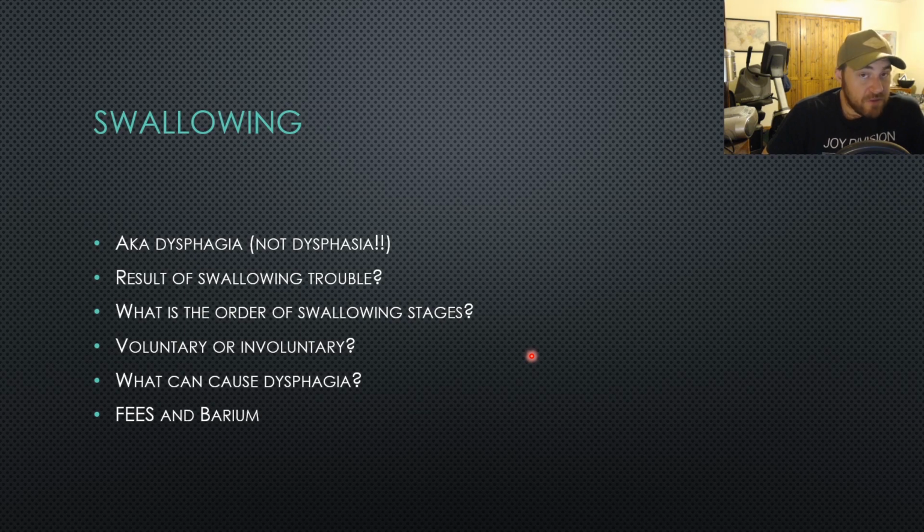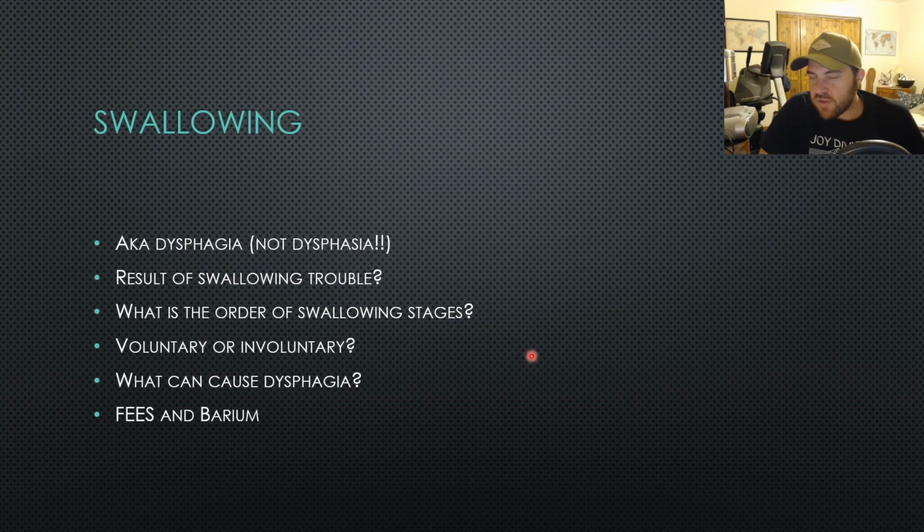What can cause dysphagia? Well, lots of things can cause dysphagia. Trauma can cause dysphagia, and I mean physical trauma to the bone structure can cause it. There can be trauma to the brain, so you can have TBI, stroke. This can all cause swallowing difficulties.